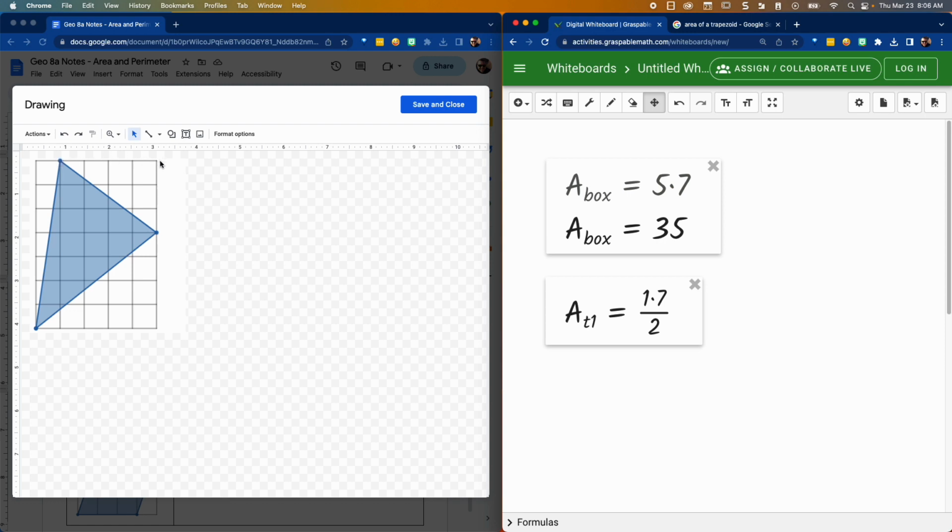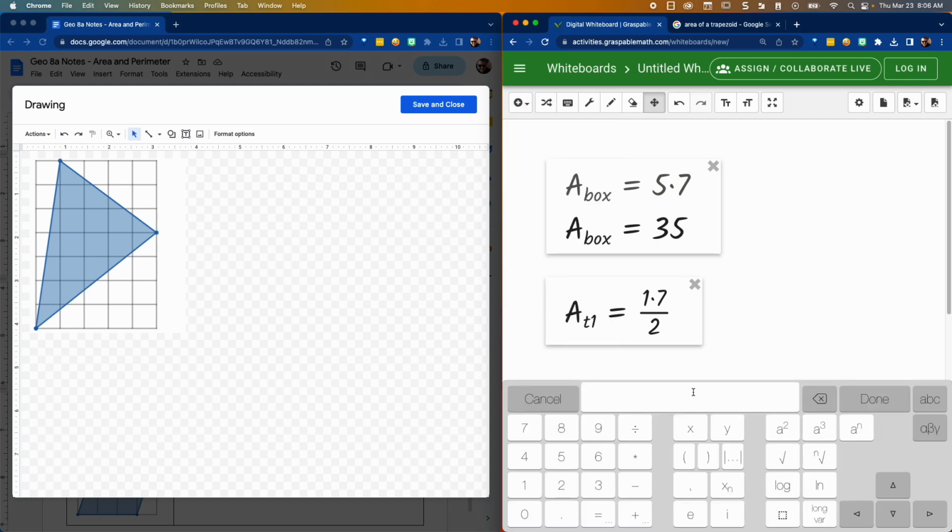And then I have another triangle here that's 4 by 3. And so I'm going to find the area of that triangle. So area of triangle 2. And the way that I'm making a subscript here, where it goes down as a label, is you hold down Shift and click the dash button, which makes an underscore.